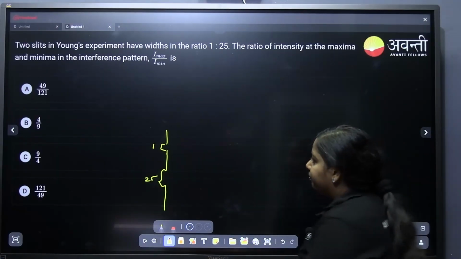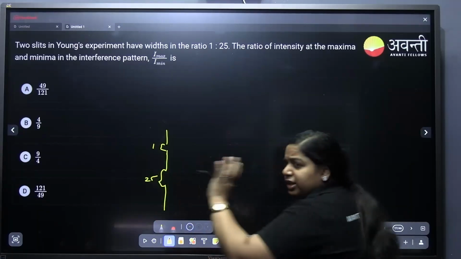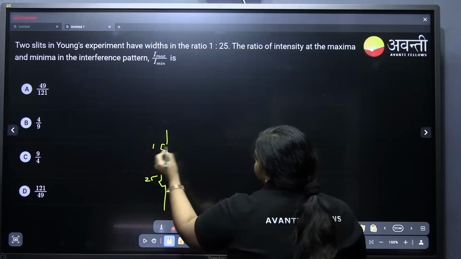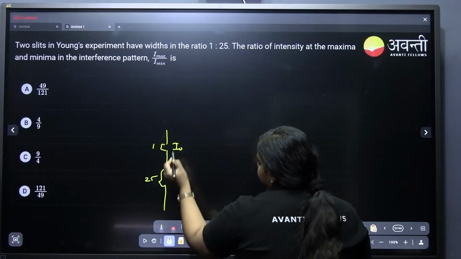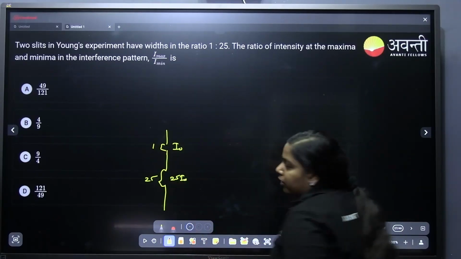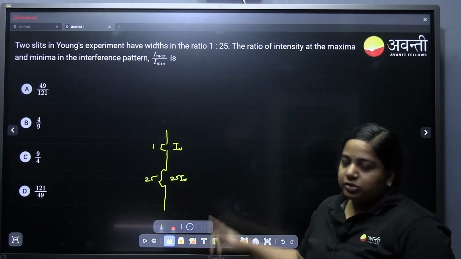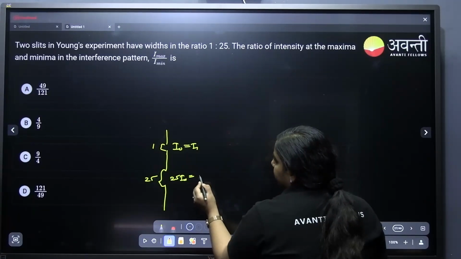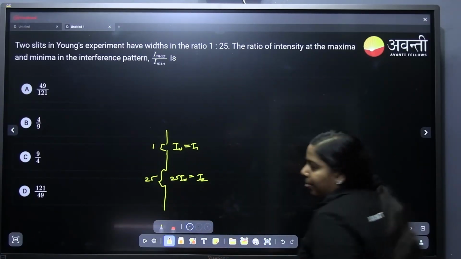So let's say the intensity of light from one slit is I naught. Then here it will be 25 I naught. So this is I1 and this is I2.